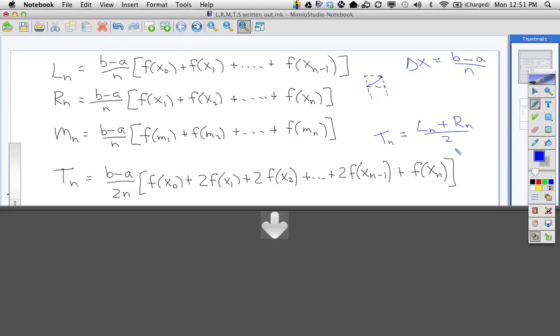Now, which one do you want to do? I don't care. Which one would be easy? That's the key. If I tell you to do a T8, and that's all I ask you to do, then I think this is probably faster. Like on the quiz, you had to do a T10, and I thought this was faster, rather than doing an L10 and an R10 and an average. But if you've already done L and R, then use them. Knowing them both could be to your advantage.